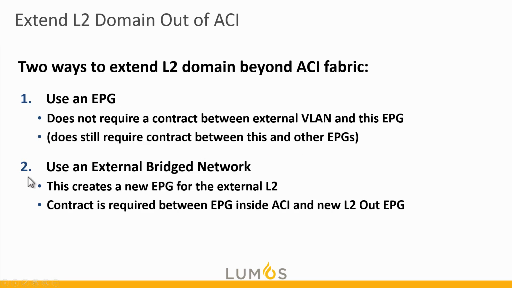Or we can optionally use a specific construct inside of ACI called an external bridged network. And this actually creates a new EPG for the external L2. And of course, a contract is required between this new external bridged EPG, or what we colloquially refer to as an L2 out, and our internal EPGs.